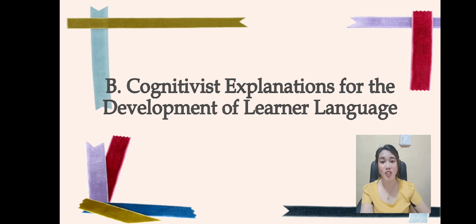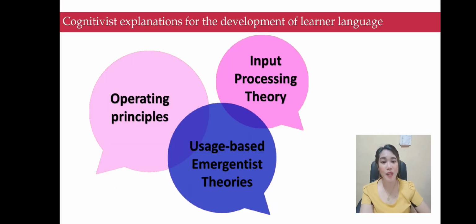The first one, the operating principles: given that the majority of the evidence for these principles has come from naturalistic studies of first language acquisition, it is unclear to what extent one should expect to find evidence for the use of similar operating principles in second language acquisition. Slobin in 1973 proposed that children frequently rely on certain basic and universal strategies when learning the first language, which he called universal operating principles.